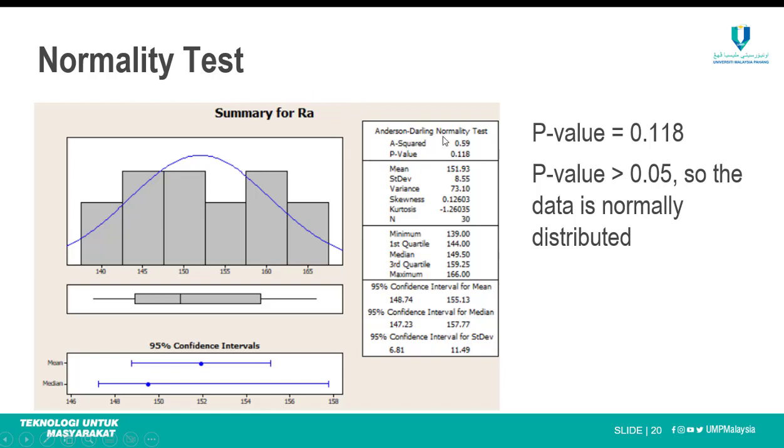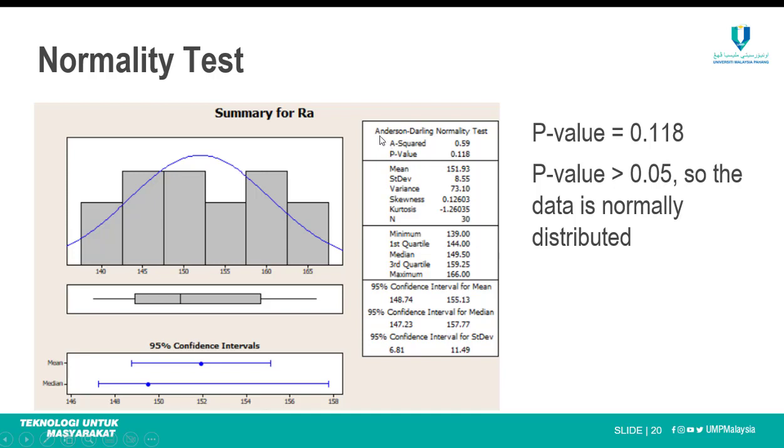From the normality test, our p-value is 0.118, whereby the alpha value is 0.05. Since the p-value that we obtain is larger than the alpha, the confidence level that we set, we can conclude that the data is normally distributed.